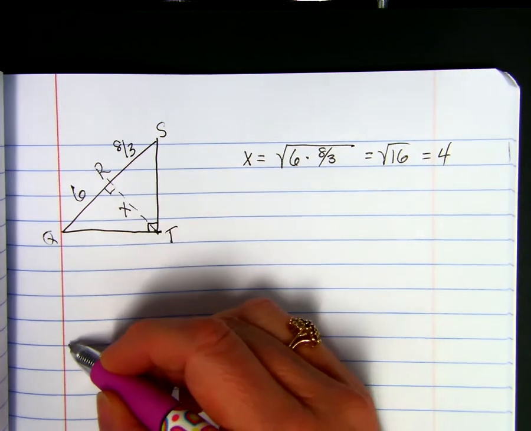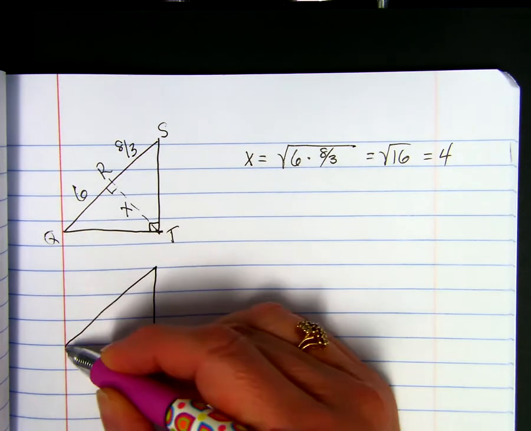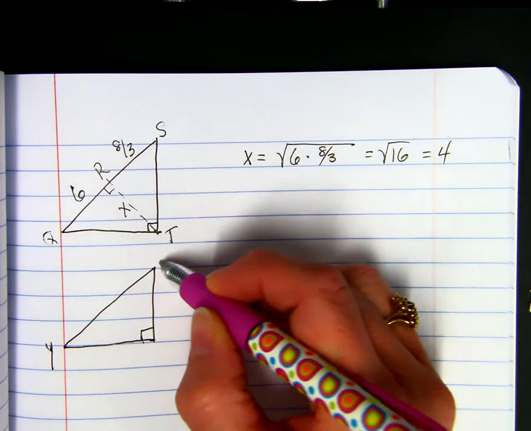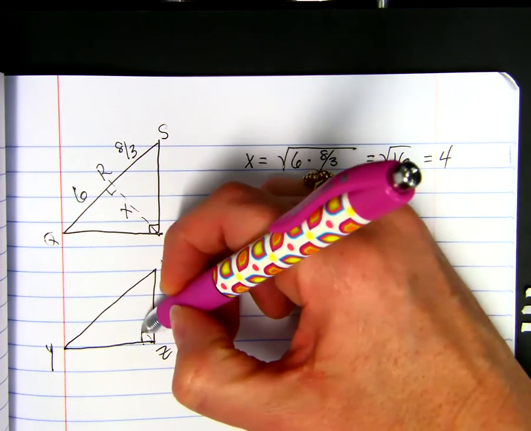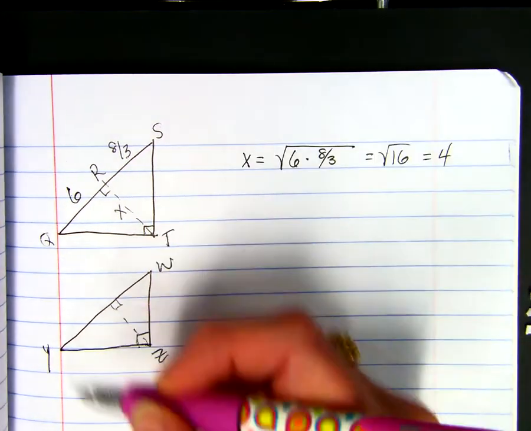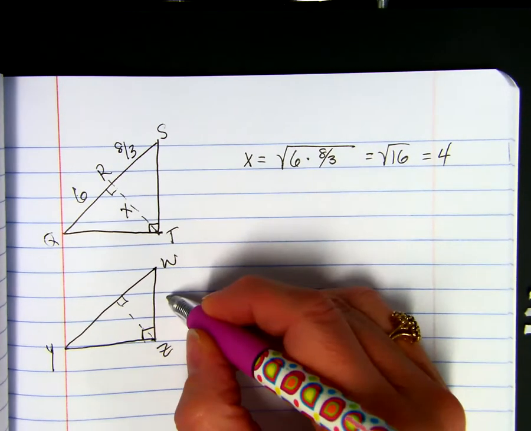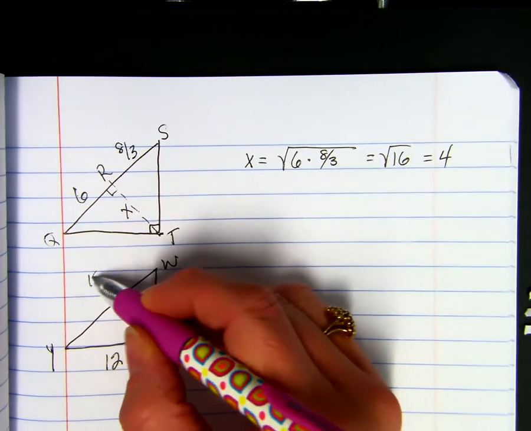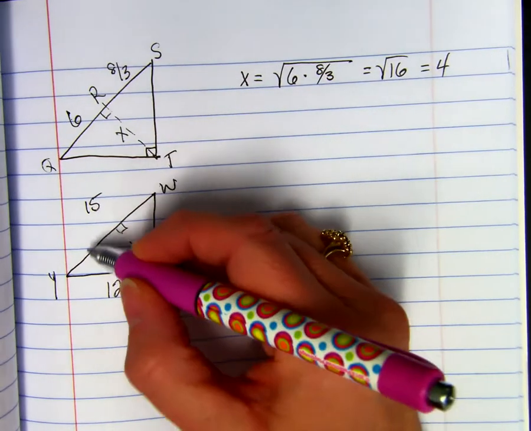And we'll do another one similar to the first. YWZ. We'll draw the altitude. This is a 9, 12, 15 triangle, and we want to find the two segments of the hypotenuse.